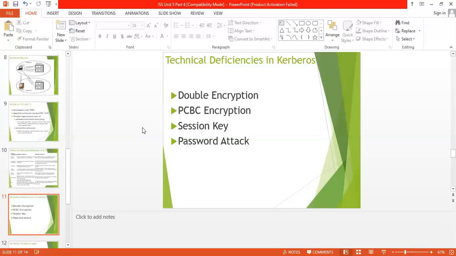In version 5, a new key is used for a new connection. And the password attack: both versions are affected by the password attack. The authentication server includes a key encrypted with the client password in a message, and an opponent can get this message and try to decrypt it with various passwords. So these are the 4 deficiencies of Kerberos.